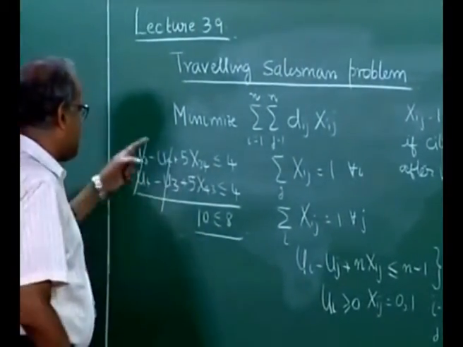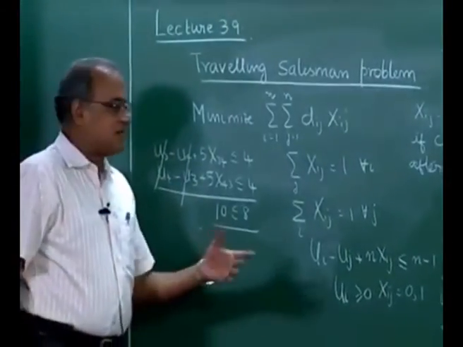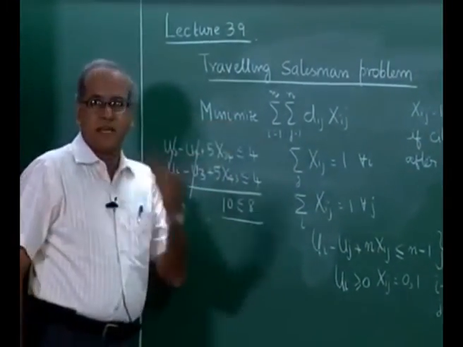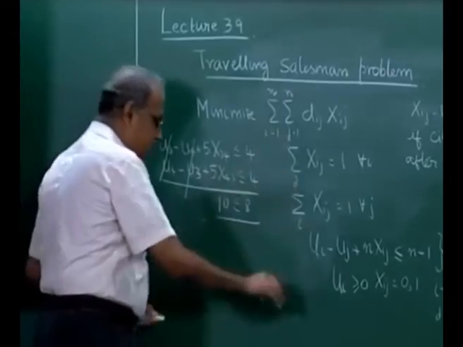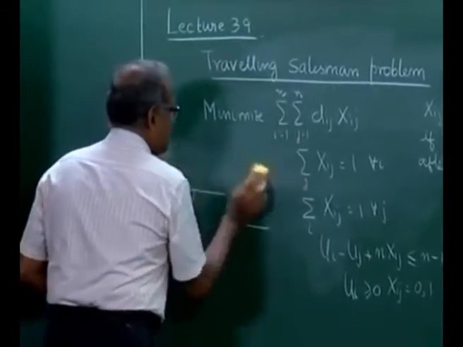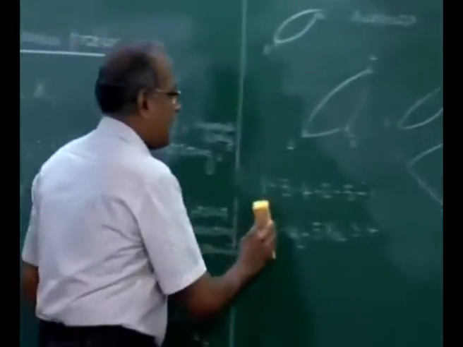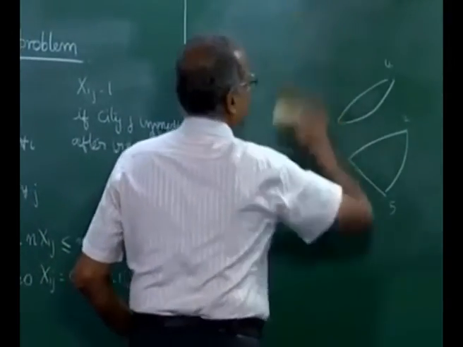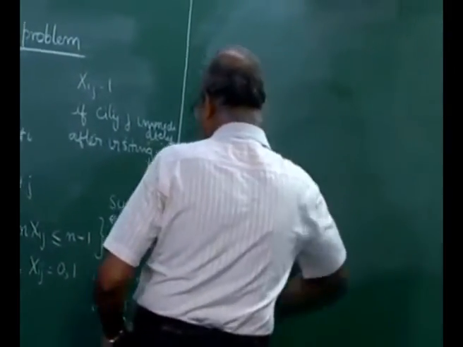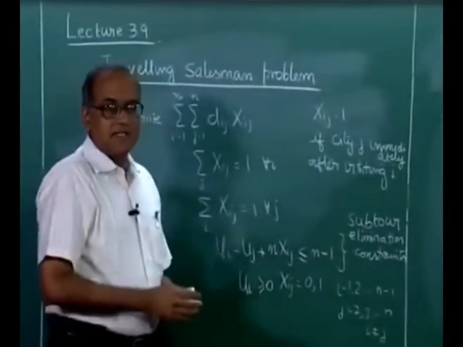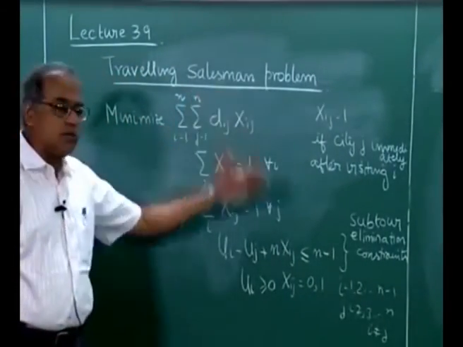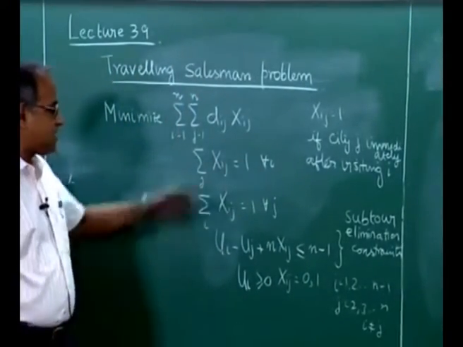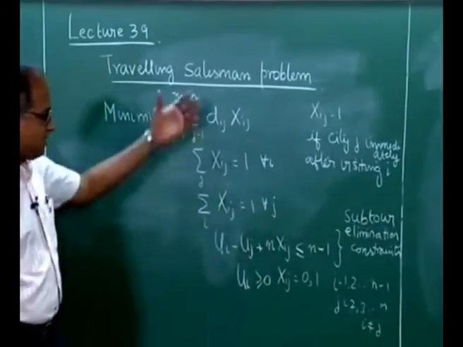Now, the ui's and the uj's can be so defined such that this set of constraints will be satisfied. So, this set of constraints are called subtour elimination constraints, and they are used extensively if we have to solve a TSP optimally. But having said that, this TSP is usually not solved as a mixed IP, because this is a mixed IP.